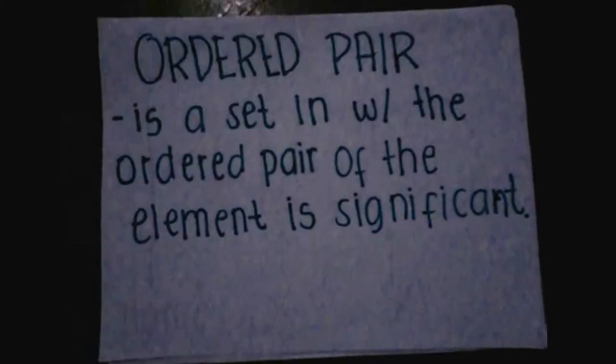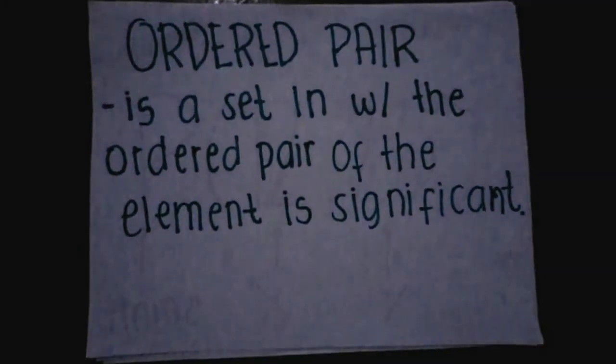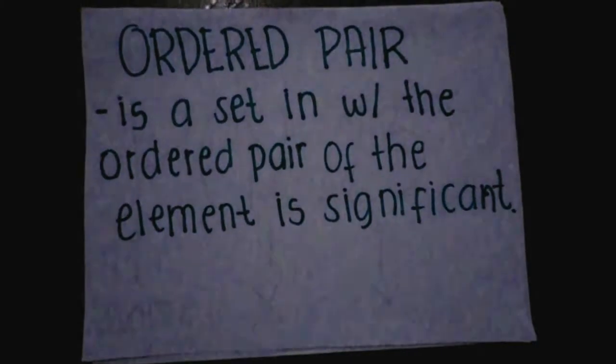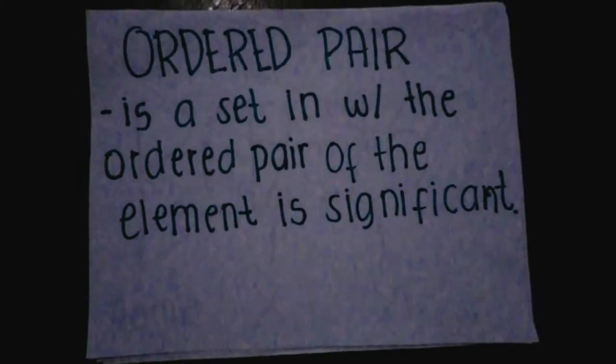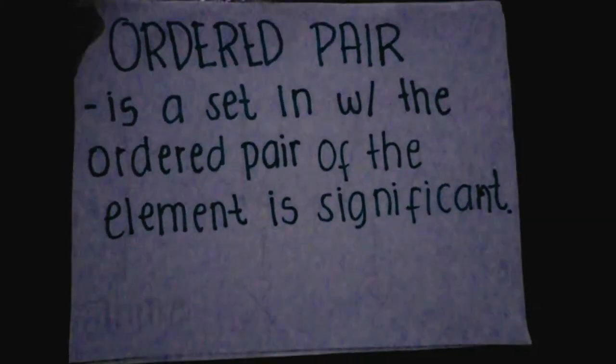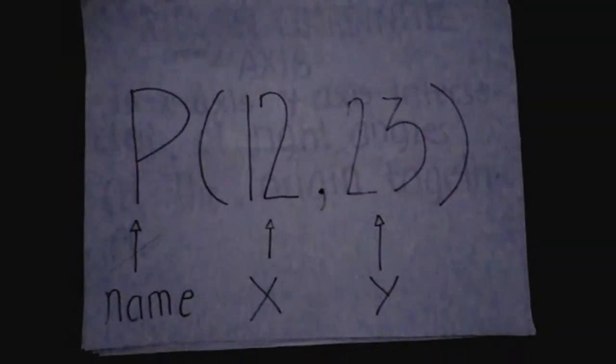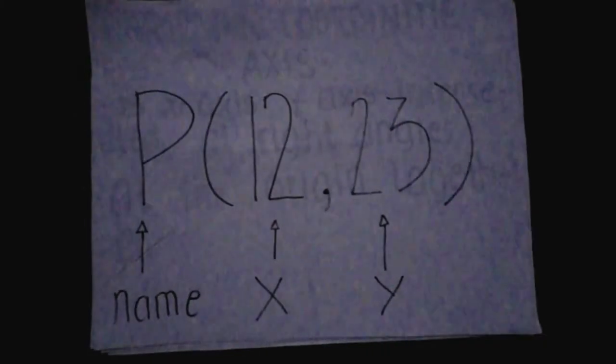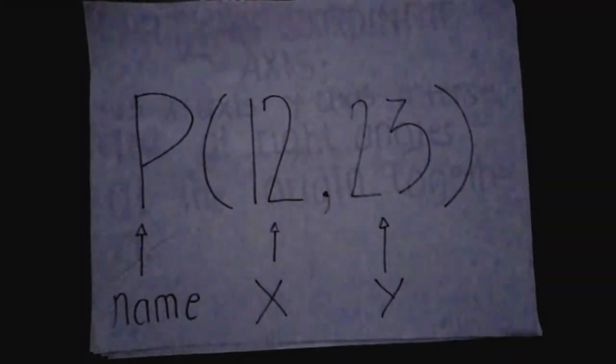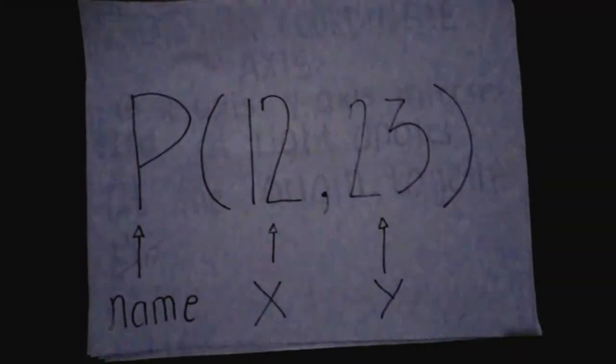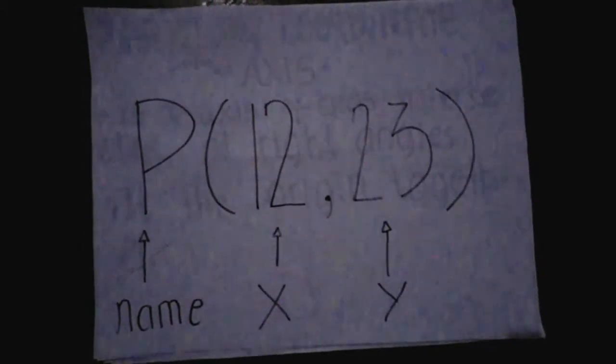Next is the ordered pair. An ordered pair is a set in which the order of the elements is significant. You can see the figure of the ordered pair. The coordinates are written as an ordered pair as shown below.